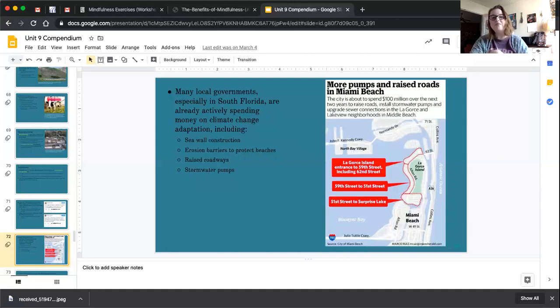All right. It's actually kind of funny. So this is something I think is hilarious. Many local governments are already having to spend money to combat the problems associated with climate change in their community. So building seawalls, putting erosion barriers on beaches, raising roadways, and installing stormwater pumps that will pump the salt water from a storm surge out of the town, right?